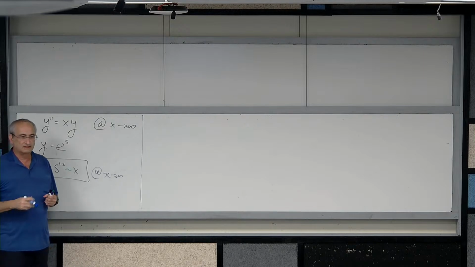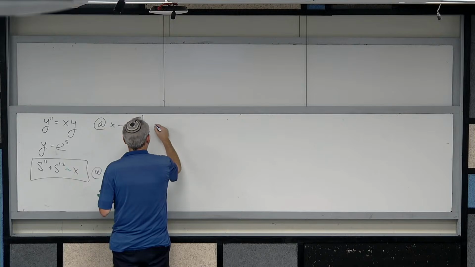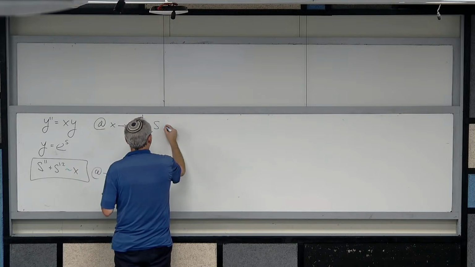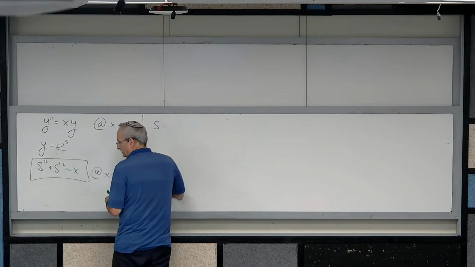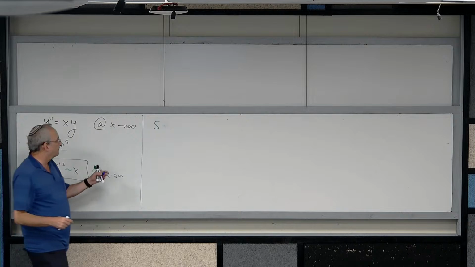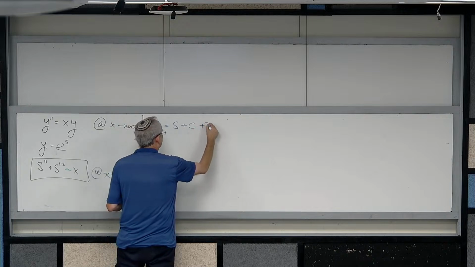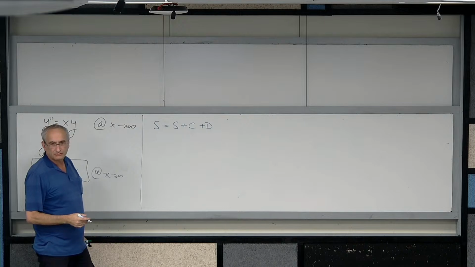Because we already did that in the last lecture, let me cut a few corners and assume that S is actually S plus C plus D, an unknown function of x.